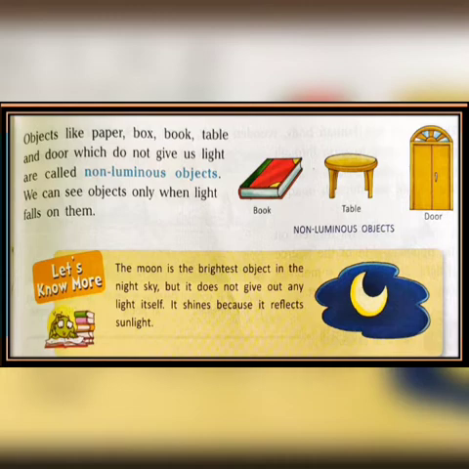Though it gives us light, it is a non-luminous object, because the moon reflects the sunlight that falls on it. That's why we see it glowing at night, but it doesn't have its own light. That is why the moon is not a luminous object. It is a non-luminous object.